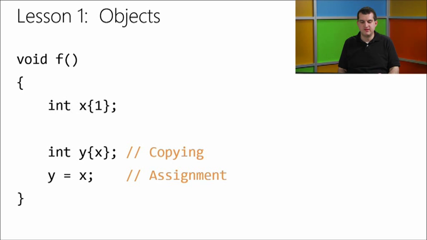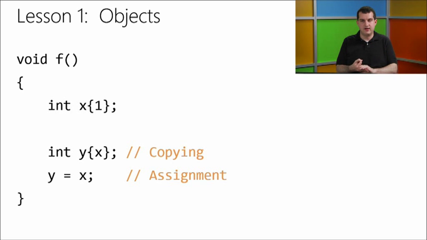So that's basically all that we need to know about objects. These are the fundamental things that we need to know. Every object is just a region of storage, some bytes in memory. It has a type that tells us how we can use the object. So for our integers, we're able to do integer things with them, like add them, subtract them, compare them, but we can't do things like append to them like we could with the string, because there's no notion of appending to an integer.